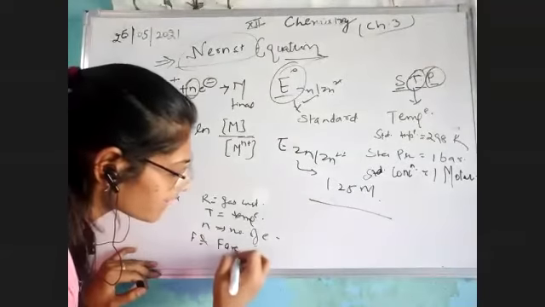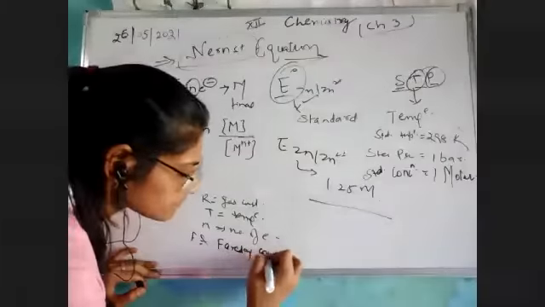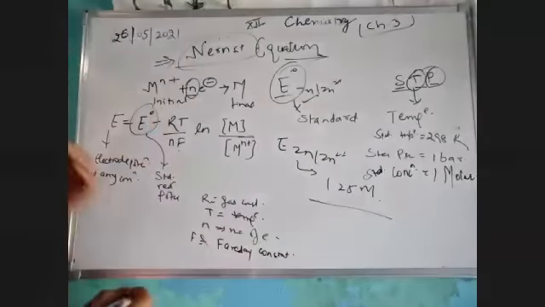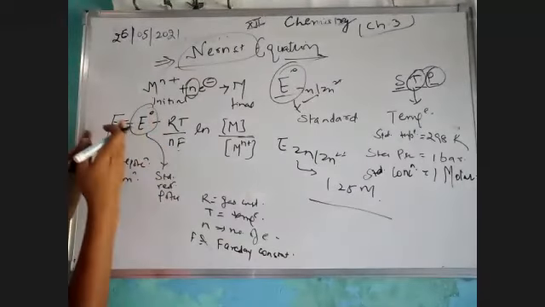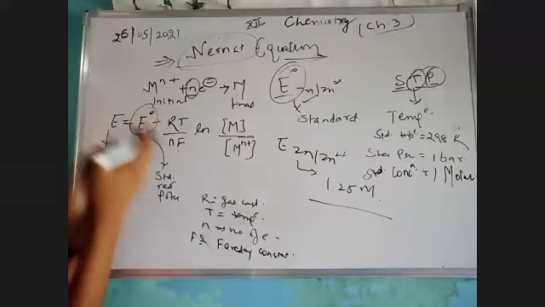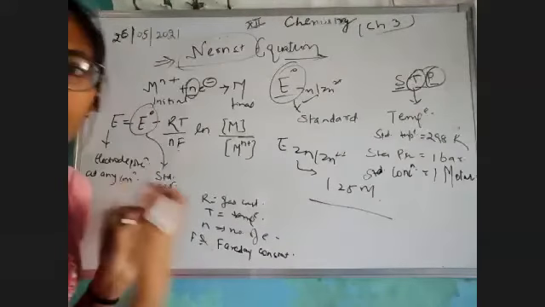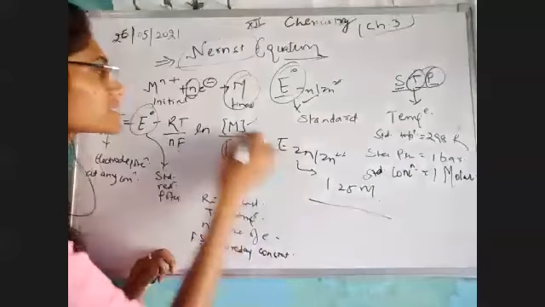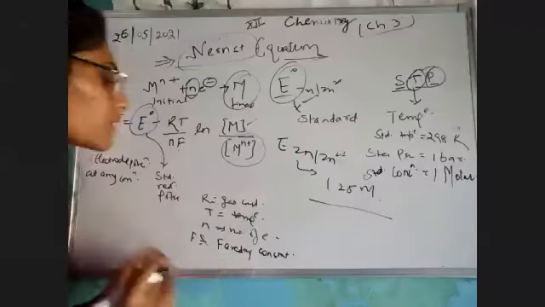F is known to be Faraday's constant. All right, class. We have been provided with E naught, R, T, n, F, ln, that is natural logarithm, and M is the initial concentration. This is known to be the Nernst equation.